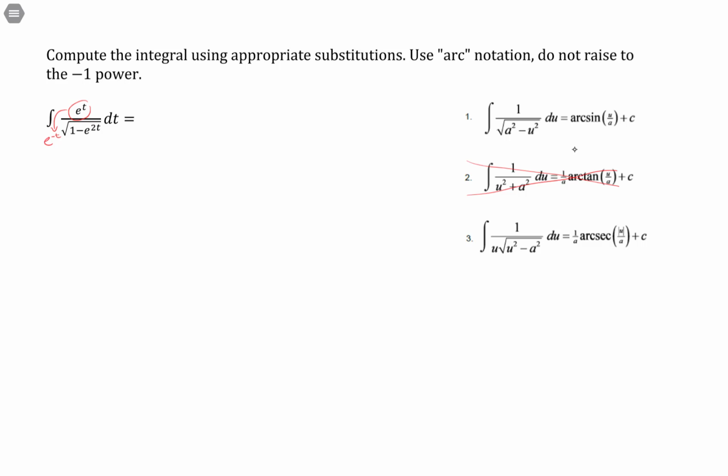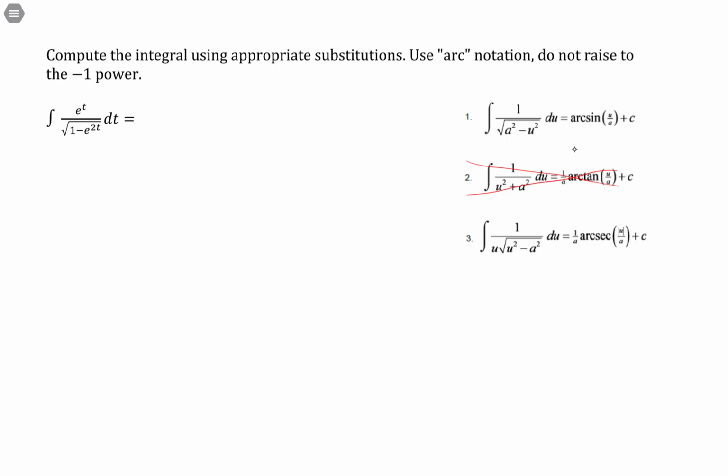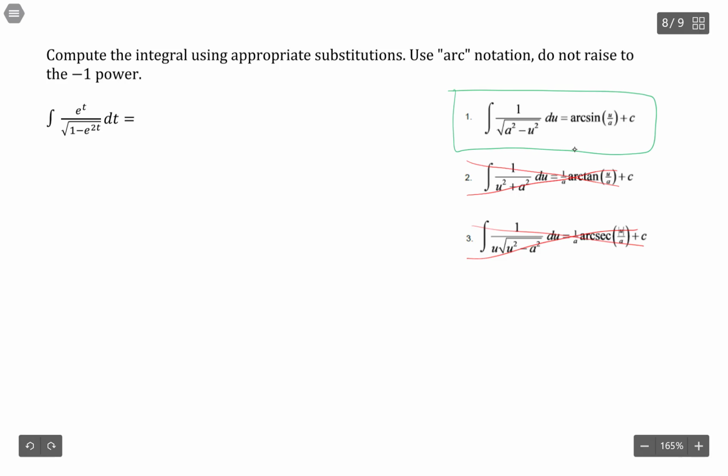But the reason that arcsecant doesn't apply is the order of the factors underneath the square root. It's constant minus function, and arcsecant is function minus constant, so that's out as well. That leaves us using the arcsine if anything's going to work. So let's try this out.